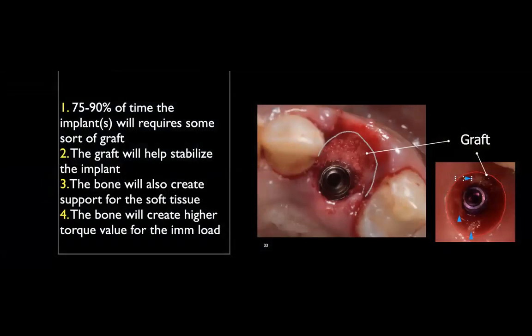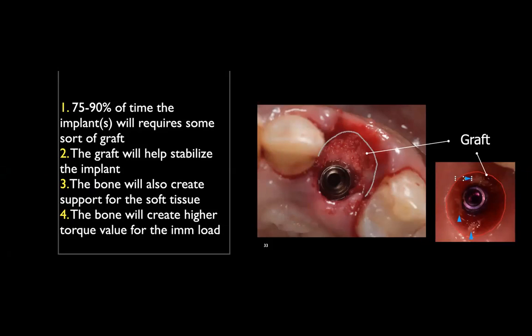So on immediate loading cases in the anterior area, like what we're discussing, okay? So 75 to 90% of the time, the implant needs to get that bone graft placed in there, okay? Obviously, depending, there's an article about what the distance should be so that you have a protocol to follow.